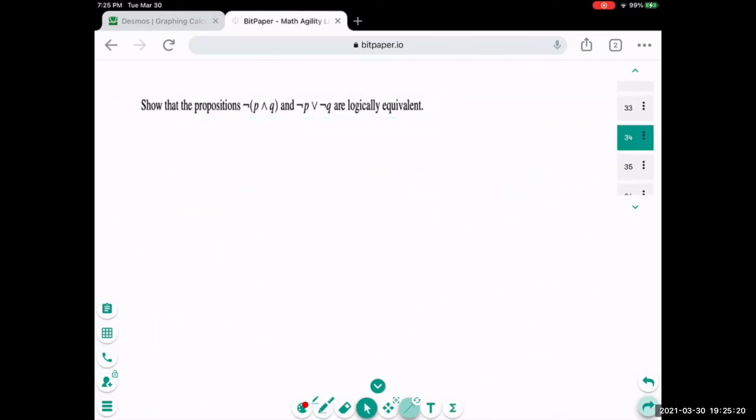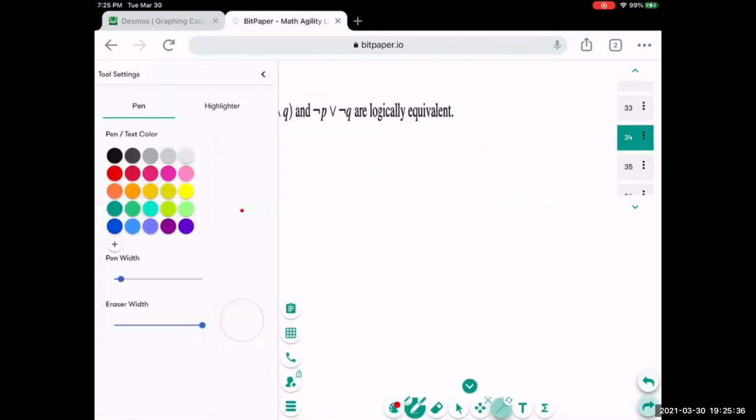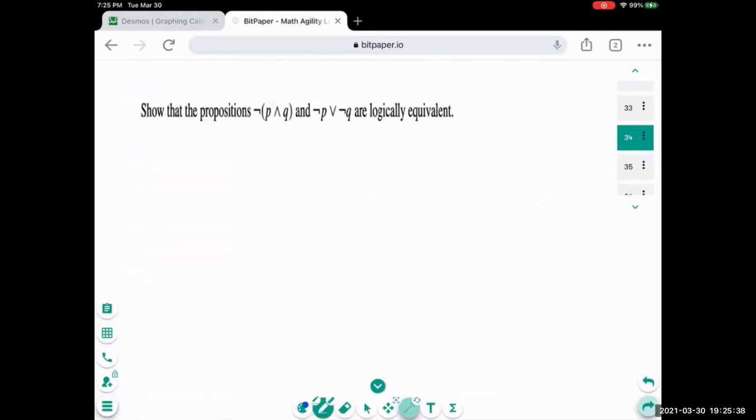So, again, gagawa tayo ng truth table. So in symbol, parang ganito sinasabi ng question. So negation of P conjunction of Q is equivalent.